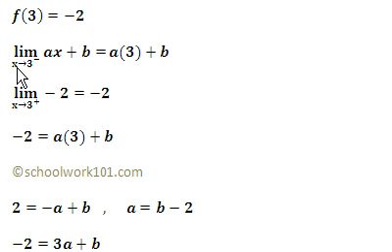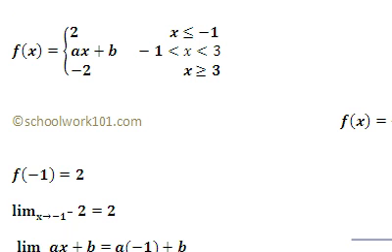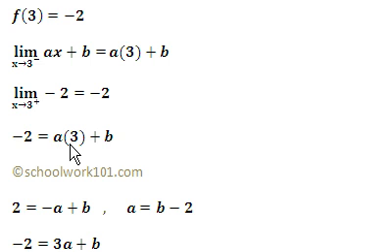And then we do the limit as x approaches 3 coming in from the left hand side, so we're taking this 3 and doing the direct substitution, plugging it in, and coming in from the right hand side at 3 we get -2. Okay, so now we get a new equation, but it also has the unknowns a and b in it. So now we have two equations and two unknowns.